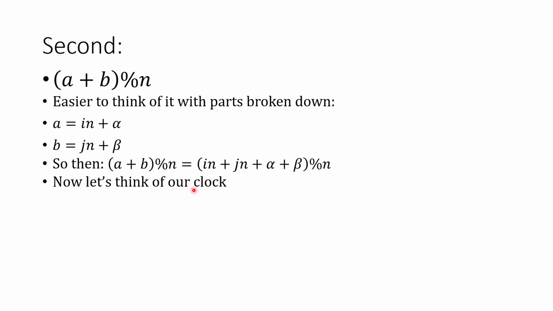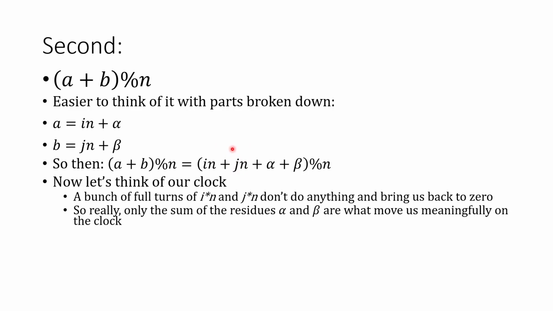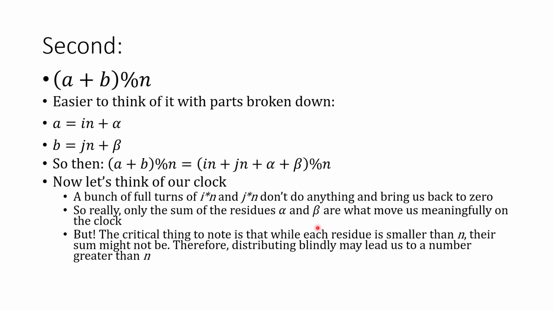Now let's go back and think of our clock. A bunch of full turns of i times n and j times n don't do anything and bring us effectively back to 0. So really, only the sum of the residues, this part of the equation, moves us meaningfully on the clock.